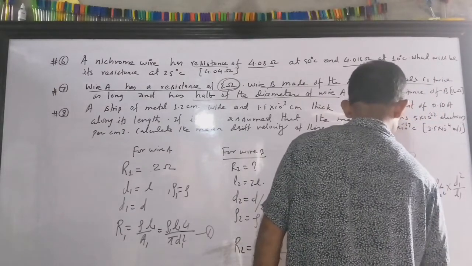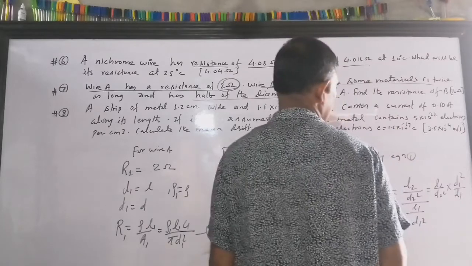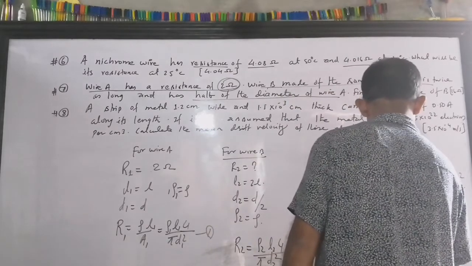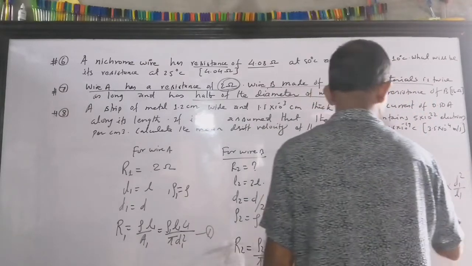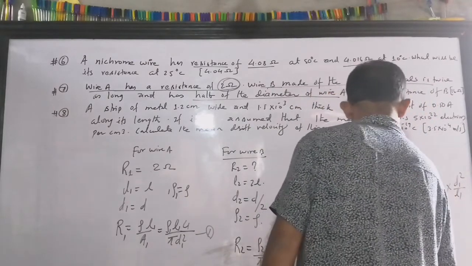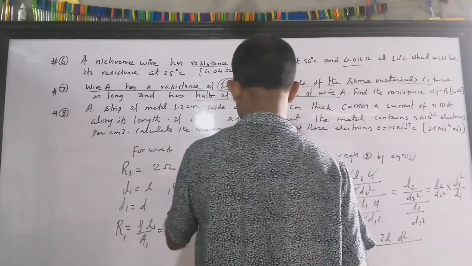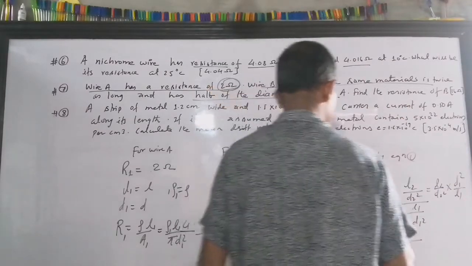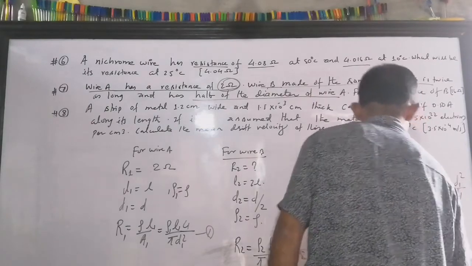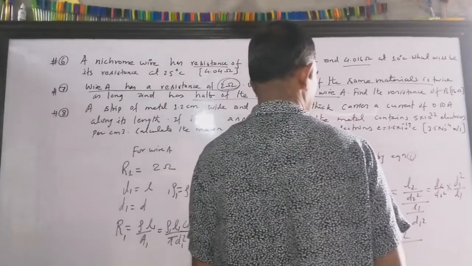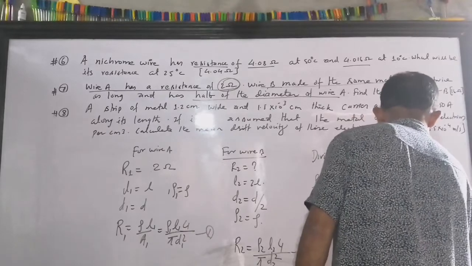Now I know the values. L2 is twice L, D1 is D, and D2 is half of the diameter, I think it's given in the question. D2 is D by 2, so D by 2 whole square, and length L1 is L. So let me cut.